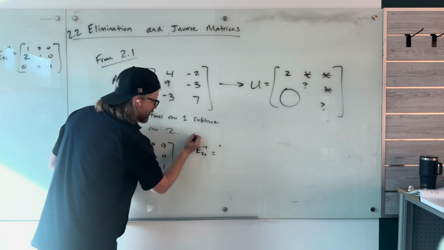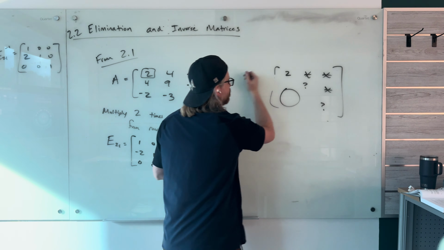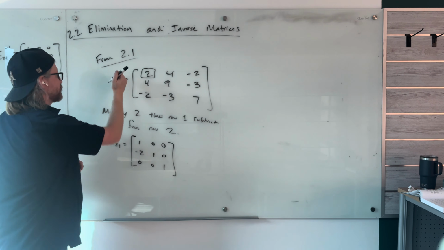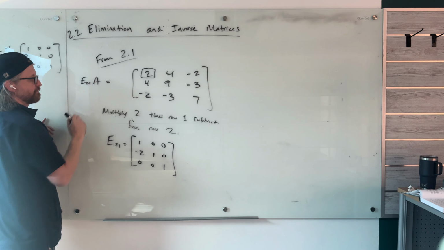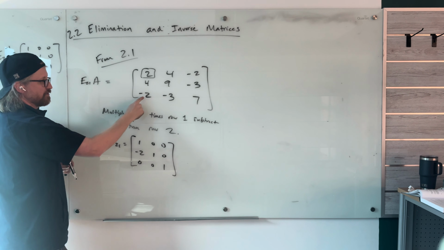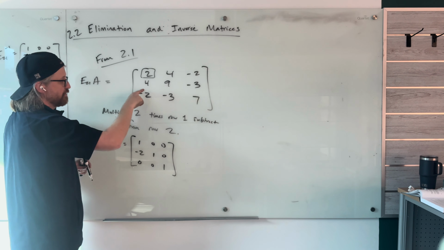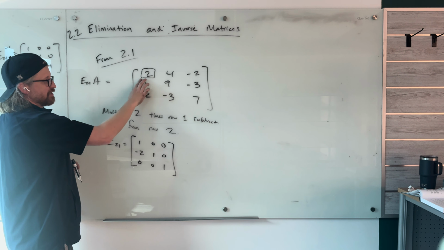Now, if I do this multiplication, and again, if I apply this to A by multiplying on the left-hand side, so I essentially have E21 times A. Doing this multiplication, the first row stays the same. Now we're going to do negative 2 times the first row, so that's going to give me 0.